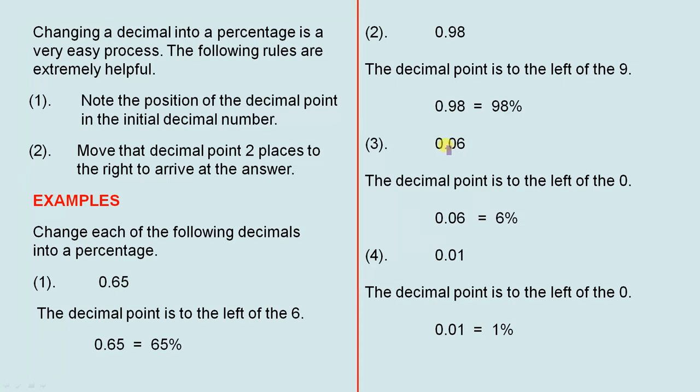There's the 0 there, and it's to the left of it. So what do we do? We move it 2 places to the right. 1, 2. And we end up with 6%. 0.01. The decimal point is to the left of the 0. So 0.01, 1, 2, so the answer is 1%.